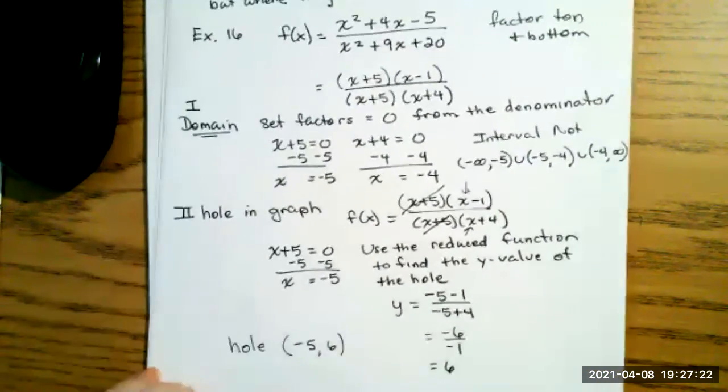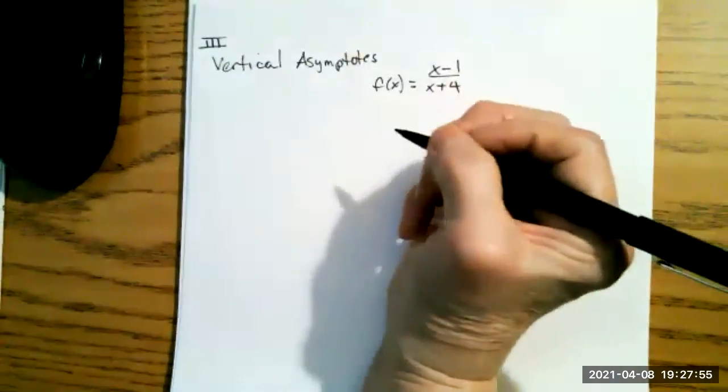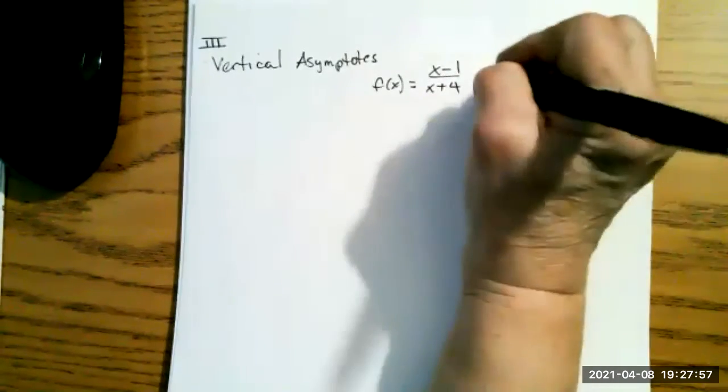Okay, let's do the vertical. This is part 3, vertical asymptotes. We had, remember, f of x equals x minus 1 over x plus 4 for the reduced part. So, oh, I'm sorry. My table is off tonight. I'm not sure what my problem here is. x minus 1 over x plus 4, this is the reduced form.